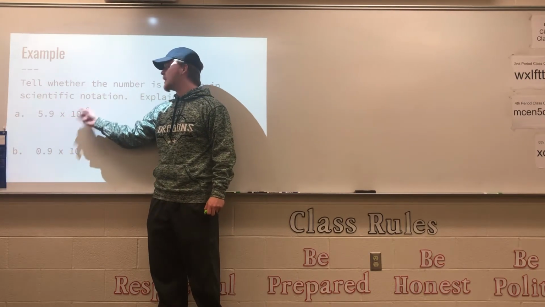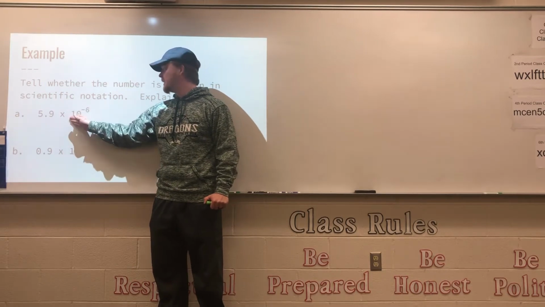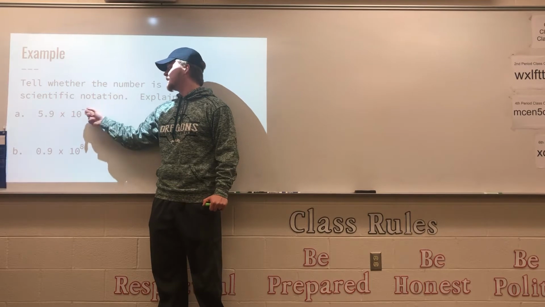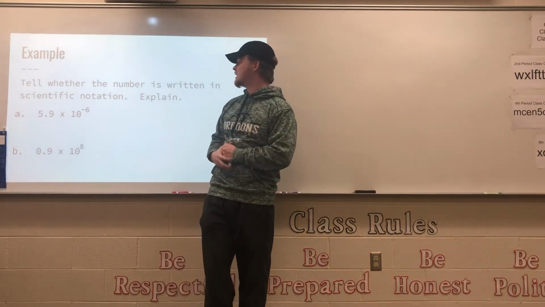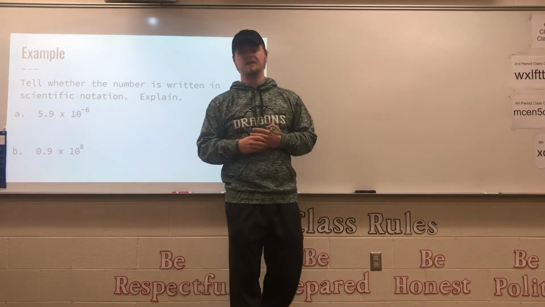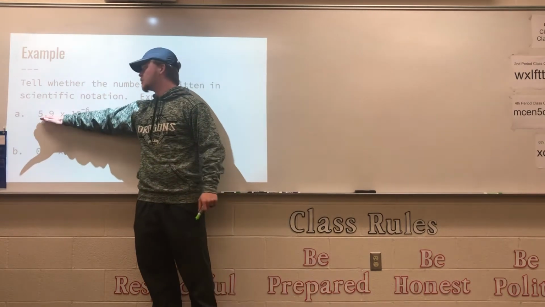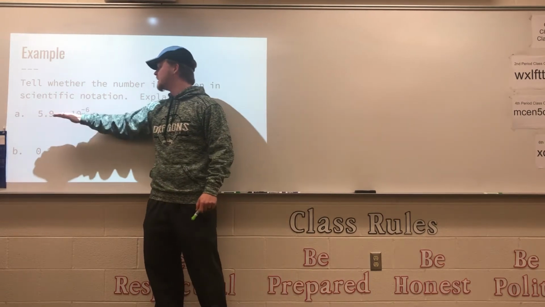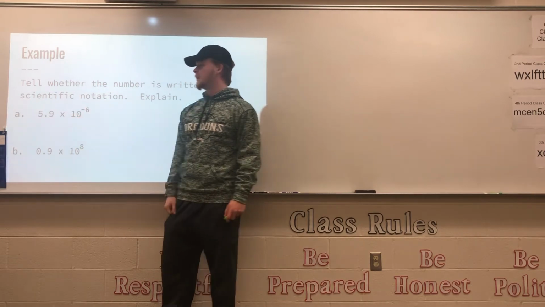It can't be times 9 to a power, times 12 to a power, times any other number but 10. It's 10, and then we have a power of negative 6, and that works. So yes, this one is written in scientific notation because it meets the definition. And you can go ahead and explain that more, saying that this is between 1 and less than 10, and then this has a base power of 10 with an exponent.